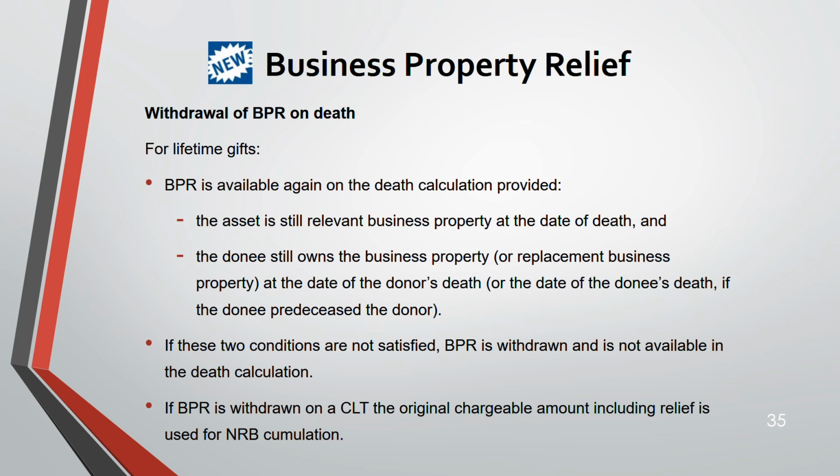During death, if BPR is withdrawn, then for the nil rate band we use the original chargeable amount, including the BPR, including the relief, so that the issue does not come later. Whatever you have calculated as the chargeable amount to be carried forward, that amount only will be used against your nil rate band accumulation. So things are kept easy.